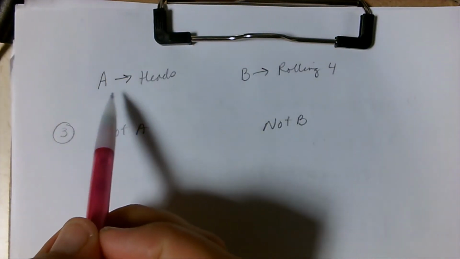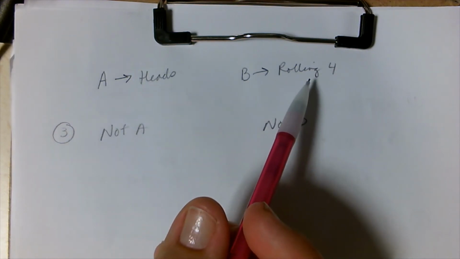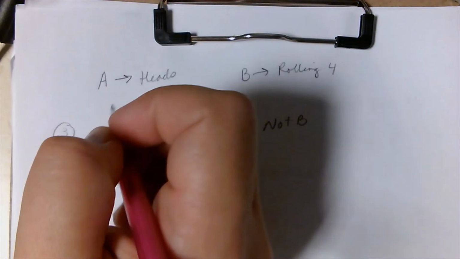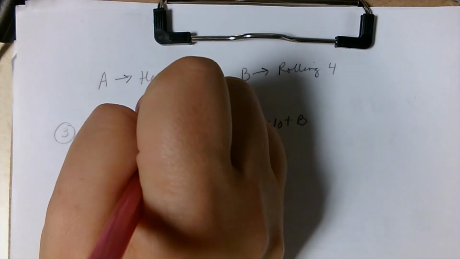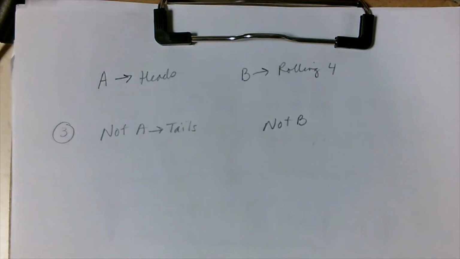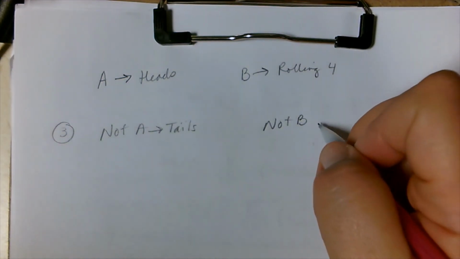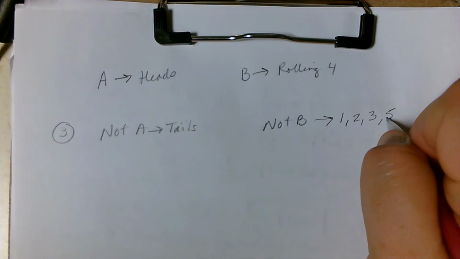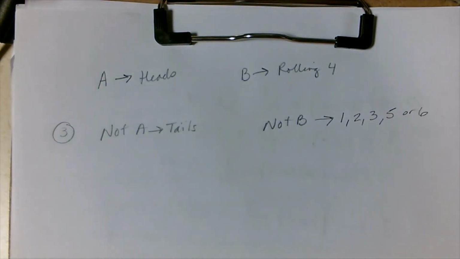So since A was flipping a heads and B was rolling a 4, not A would be the opposite, basically not getting heads, it would be getting tails. And not B would be not rolling a 4, so basically rolling everything other than a 4: a 1, 2, 3, 5, or a 6.